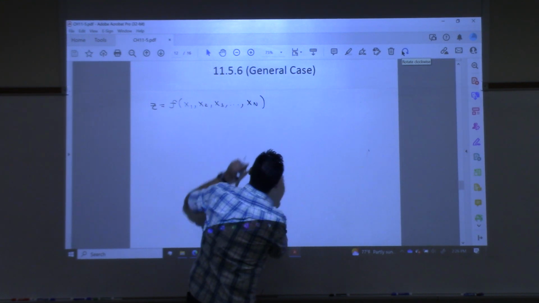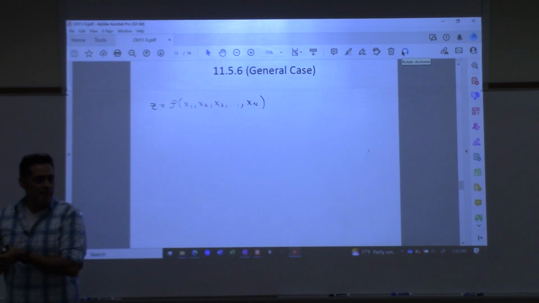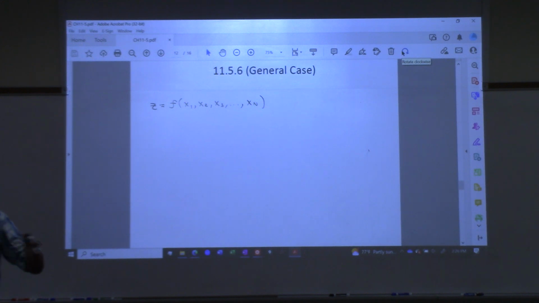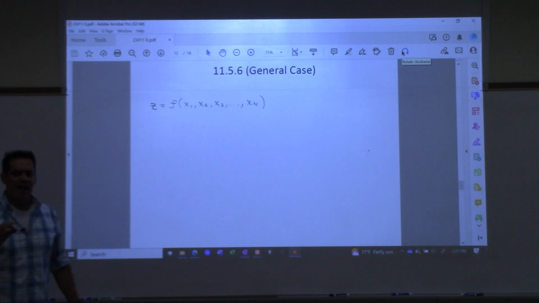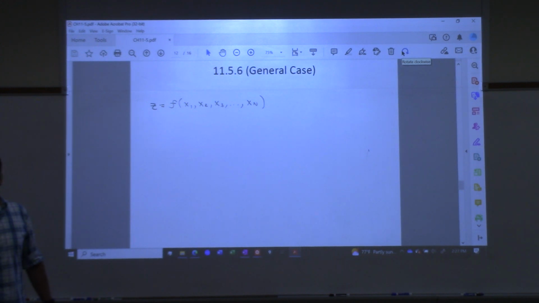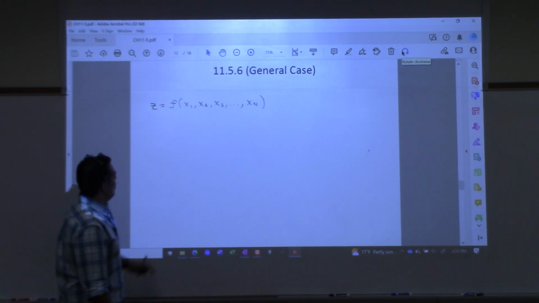Now I'm using subscripts because maybe z depends on 1,000 things, and I can't use letters anymore because I'm going to run out. By using subscripts, I'll never run out. So f is some function of n variables. With me?